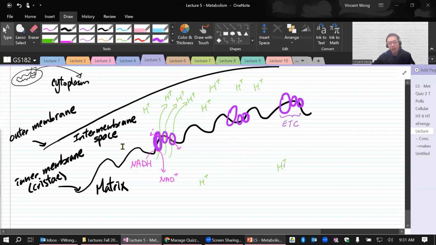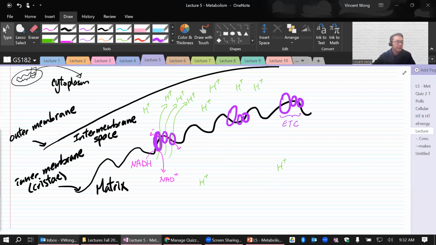If we ignore all the ETCs and all the pumps for a moment, if you just leave them alone, which way does the H plus want to go? From the more concentration to the less. And what was the other answer? Where the more concentration is. So does it want to go to the matrix or the intermembrane space?